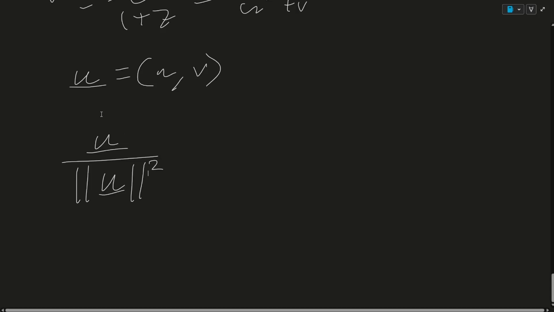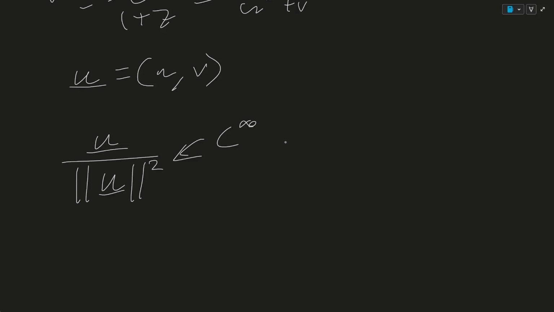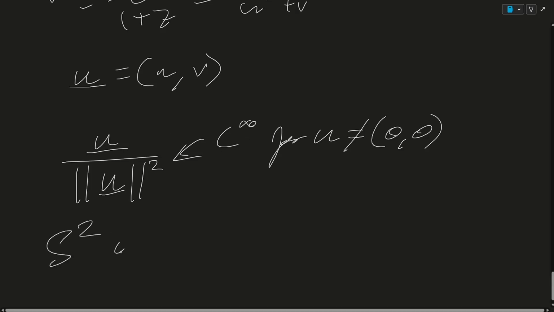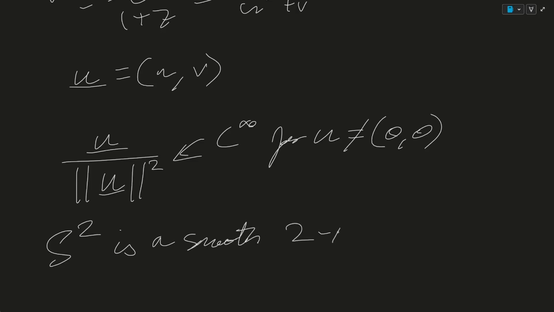This is infinitely differentiable, C infinity, so this is C infinity for u that is not (0, 0). Of course, this is in R2, and this corresponds perfectly to our domain, which is R squared minus (0, 0), which would not work because it's a division by 0 error. So if in R2 C infinity holds, then S2 is a smooth 2-manifold.